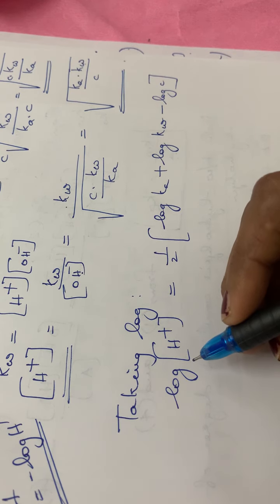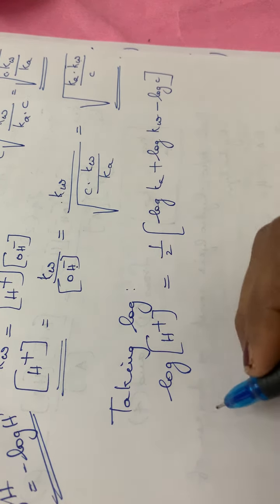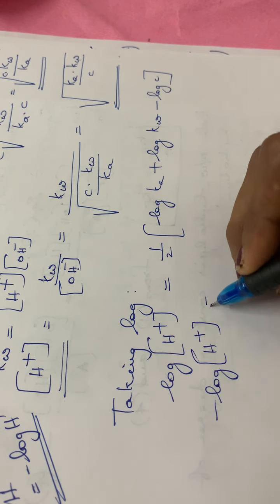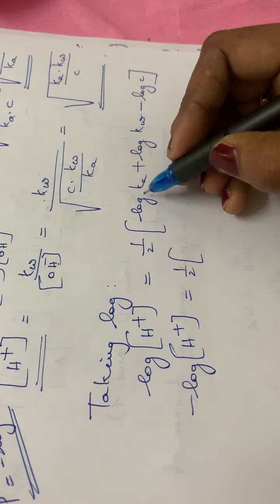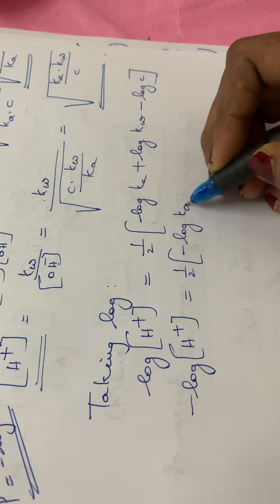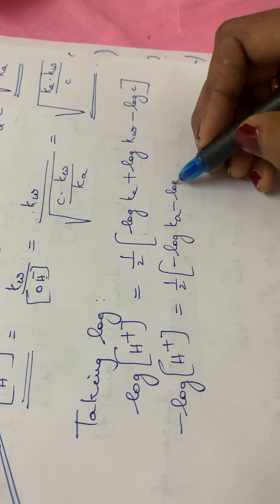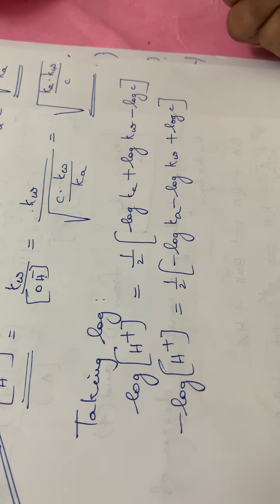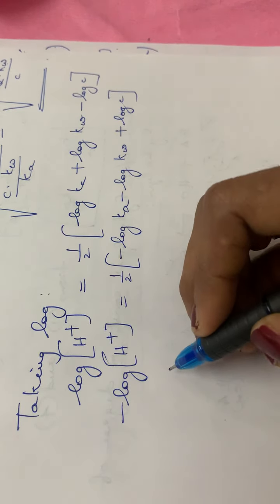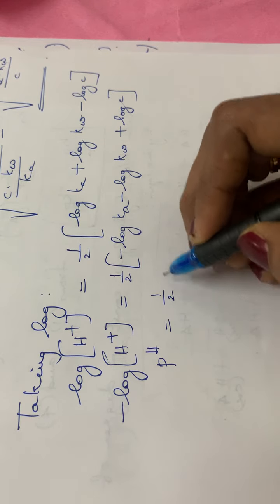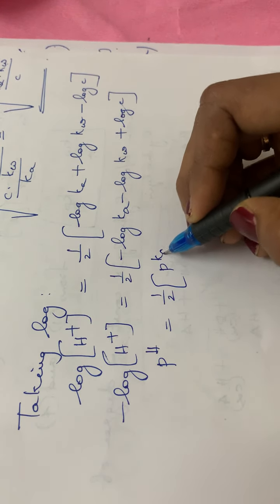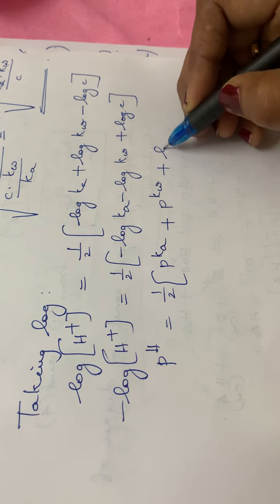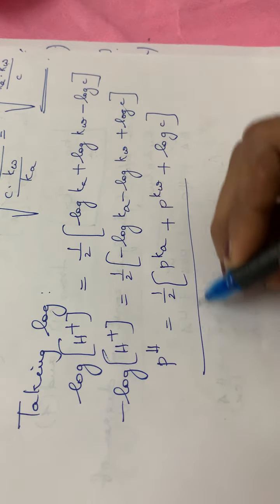Okay, then what is the next step? We have to take the negatives, isn't it? So this becomes minus log H plus, that is equal to half into, that is this is minus log Ka, then minus log Kw plus log C. Okay, then this becomes pH. pH is equal to half into minus log Ka is pKa, minus log Kw is pKw, plus log C. So what about the resulting solution?